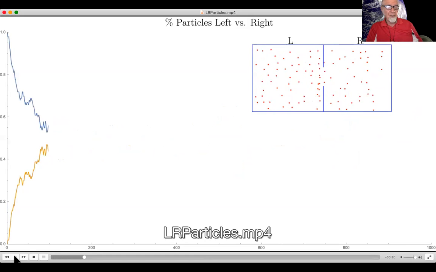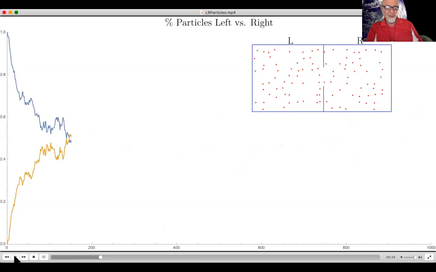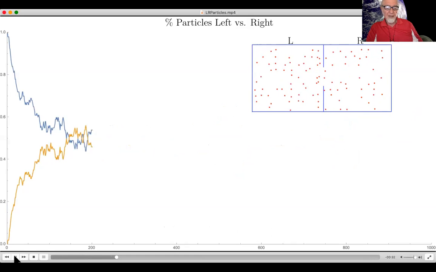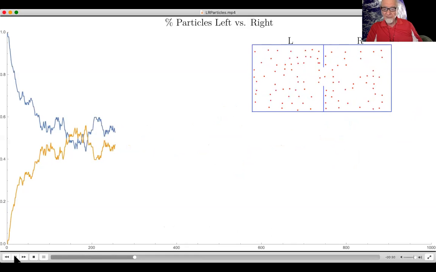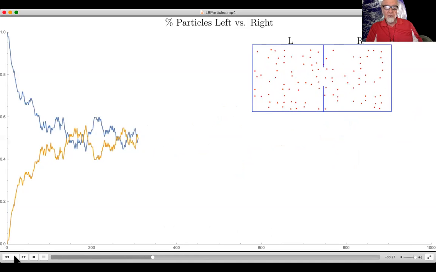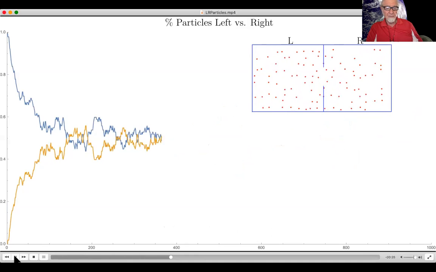So you start everything on the left and stuff just starts moving around, and eventually half and half. And you don't know which particular particle.